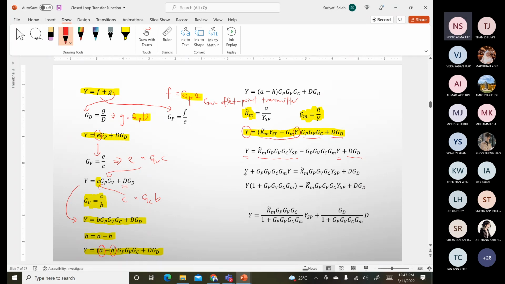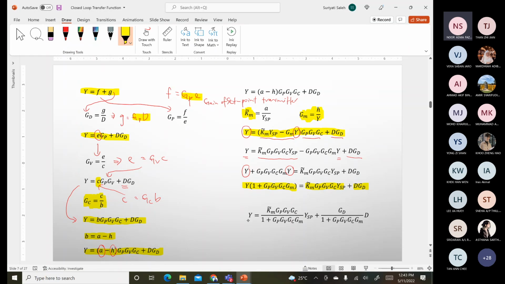So you have Y over here, then you can do the factorization. So Y in bracket 1 plus Gp Gv Gc Gm equal to Km bar Gp Gv Gc Ysp plus D multiplied with the Gd.